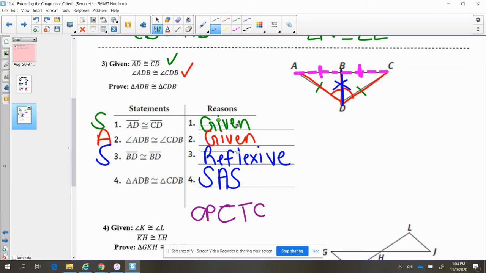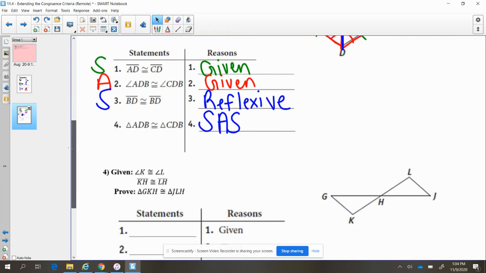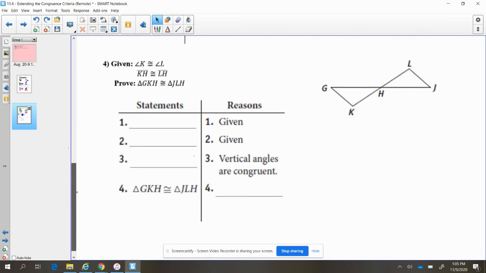Because we know that the triangles are congruent, their corresponding pieces would need to be congruent. So if they're asking you for parts versus just triangles, that's when CPCTC would be used. In this particular problem they didn't, but if they had, we would have to do all this proof first and then add in that last step.